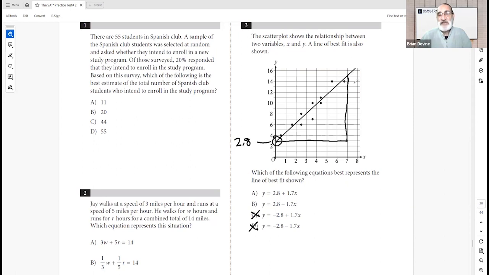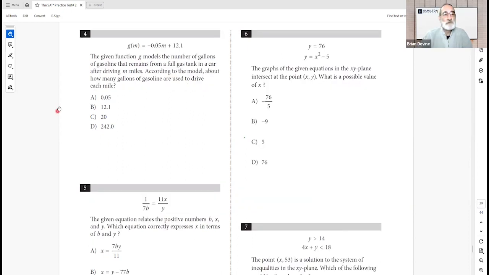And so I can see the slope is going to be positive with a y-intercept at 2.8. So the only one that jives with that would be A. Note this one has a negative slope. A has a positive slope.